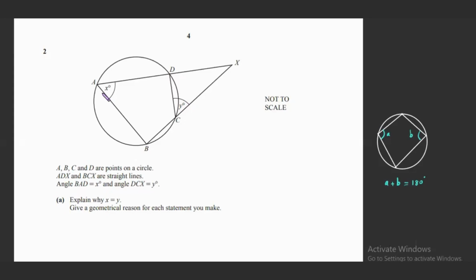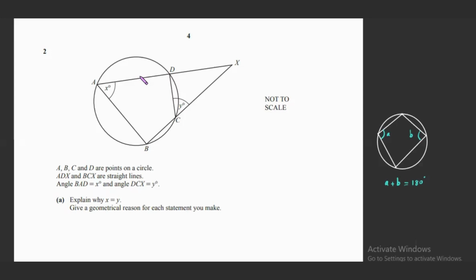So the first thing is, A, B, C, and D are 4 points on the circle that connect together to form a quadrilateral. As the vertices of the quadrilateral are on a circle, we call this quadrilateral a cyclic quadrilateral, which means we have some theorems related to cyclic quadrilaterals.